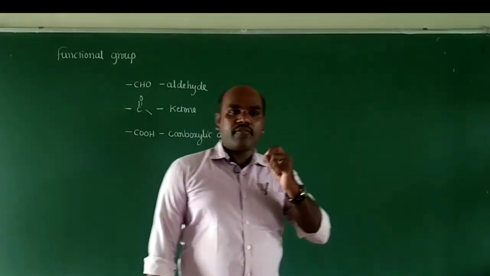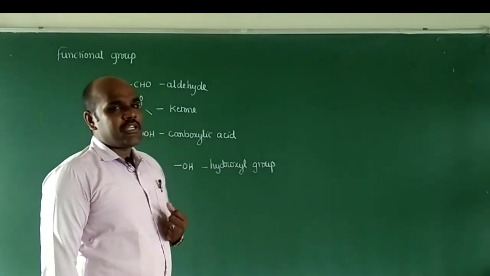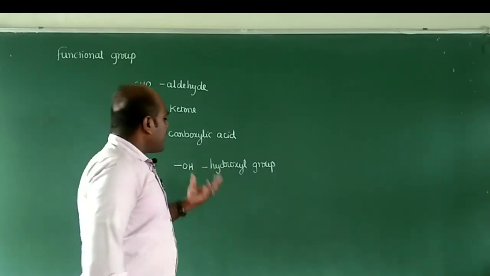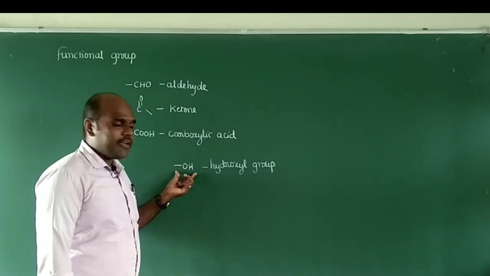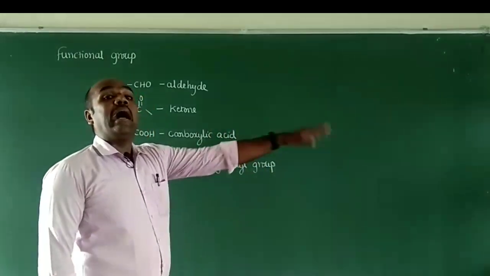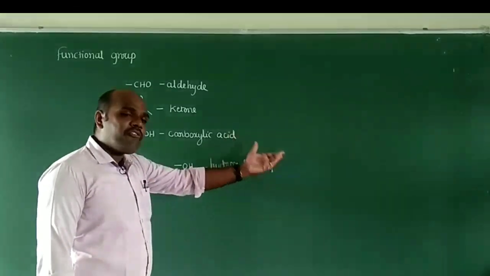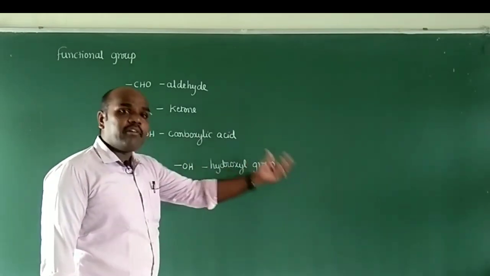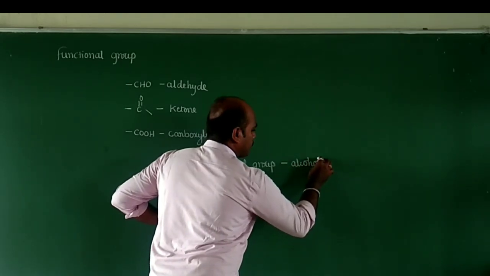Suppose in an aliphatic hydrocarbon one hydrogen atom is replaced by a hydroxyl group, we will get a derivative wherein instead of a hydrogen atom at any one place, there will be an OH. That means we can call the material a hydroxy derivative of aliphatic hydrocarbons. I repeat, if one hydrogen atom of an aliphatic hydrocarbon is replaced with an OH group, the derivative we get will be called an alcohol.